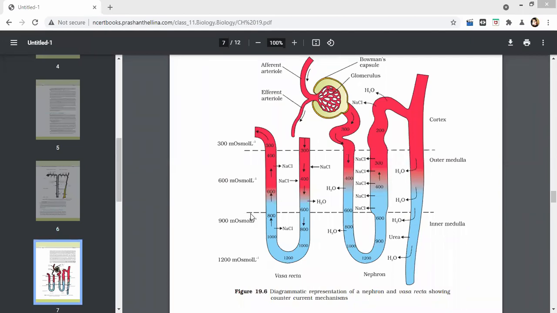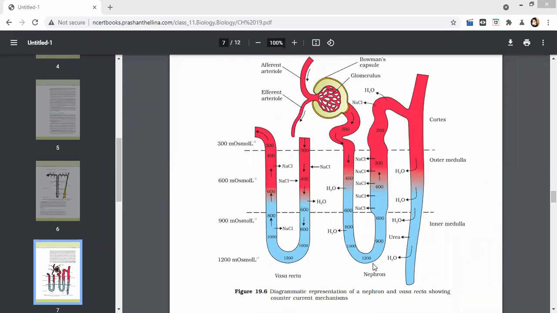But side by side, NaCl is being released out, and this NaCl enters the vasa recta, and it comes back to the normal one. So when H2O is released out, the filtrate becomes concentrated.